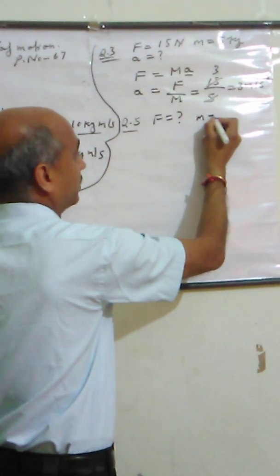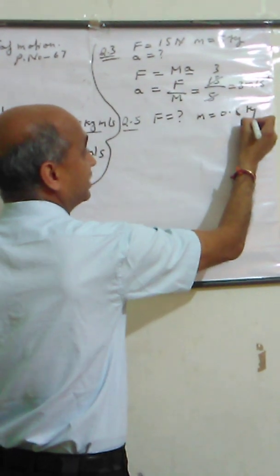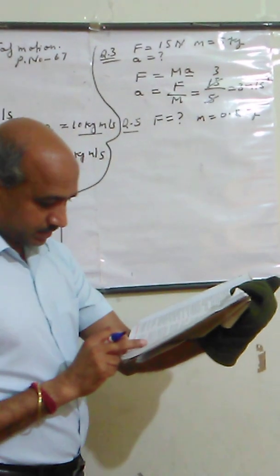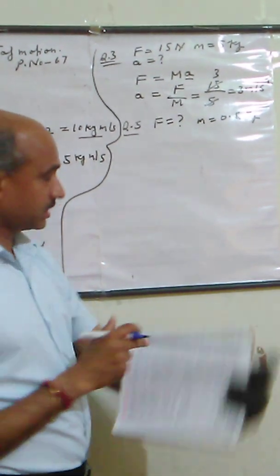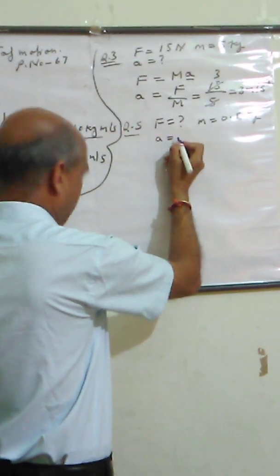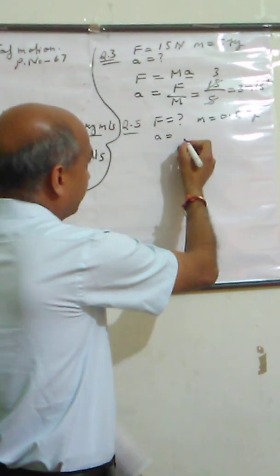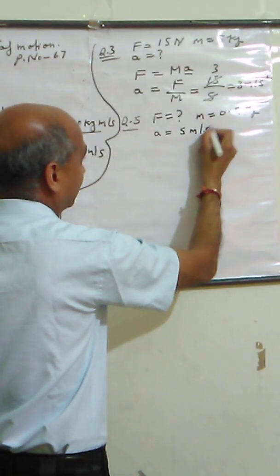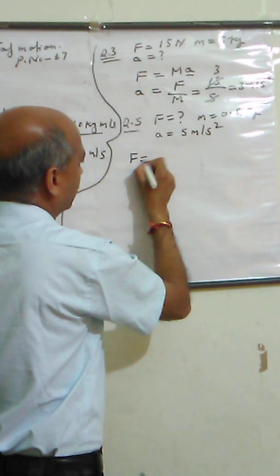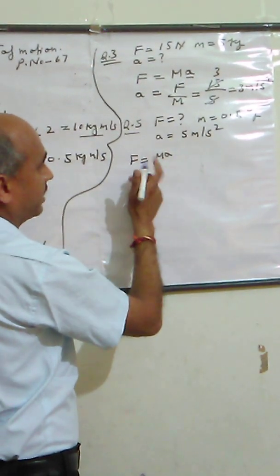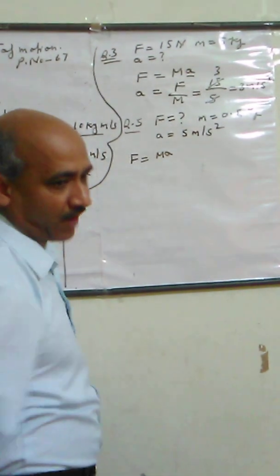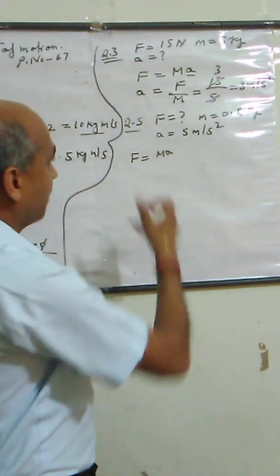The mass is given as 0.5 kg and the acceleration is given as 5 meters per second squared. Simply use F equals ma, put the values here, and multiply these two factors to find the force. Okay, so I am leaving it for you.